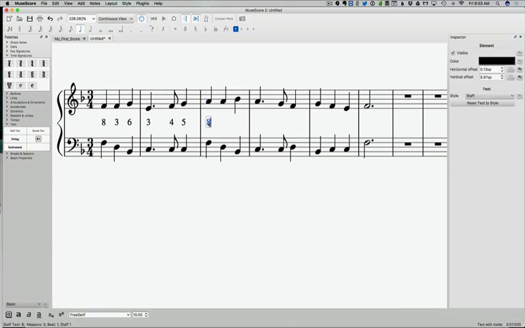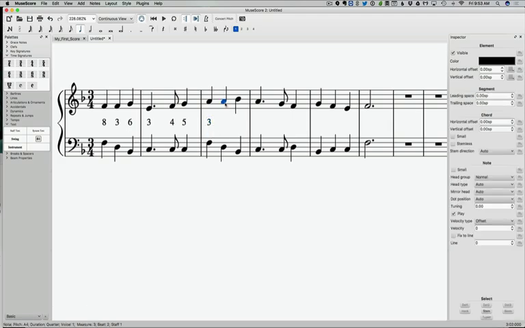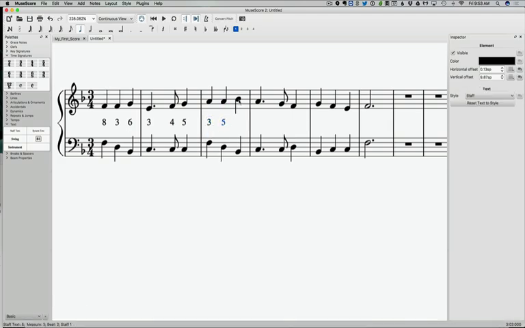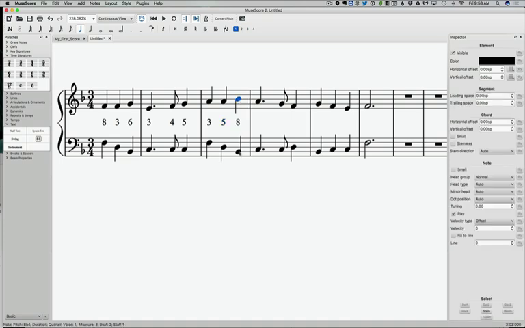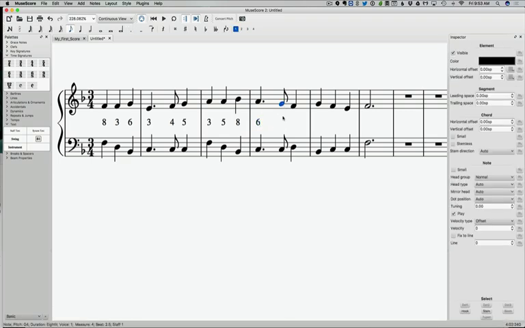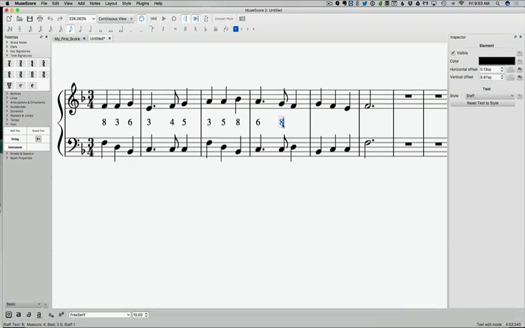An F to an A is a third. A D to an A is a fifth. A B flat to a B flat is an octave. A C to an A is a sixth. A C to a G is a fifth.